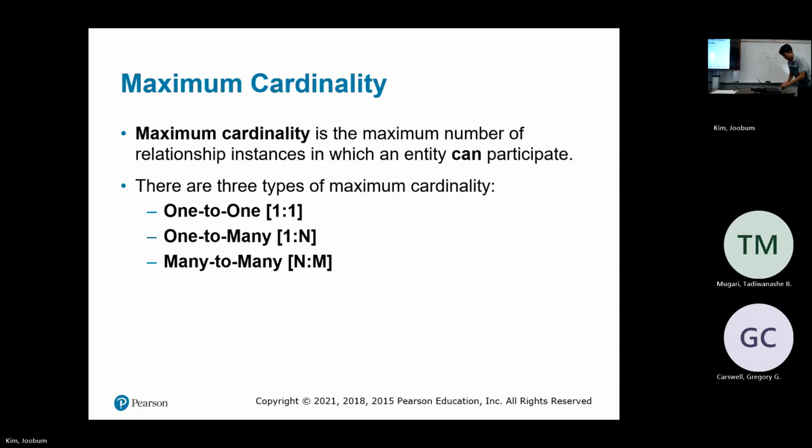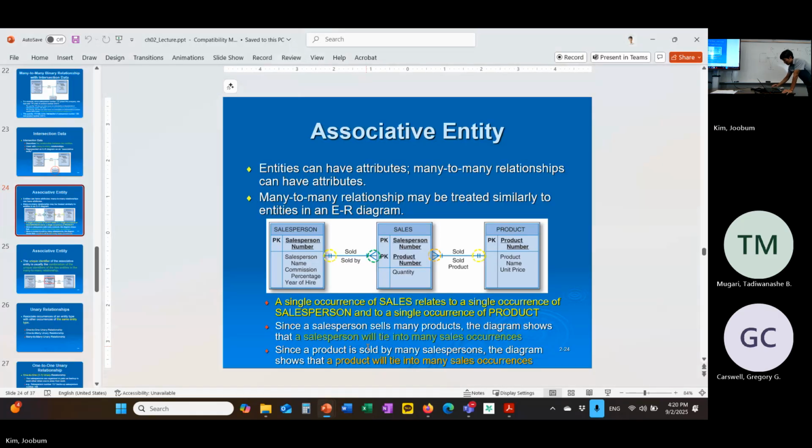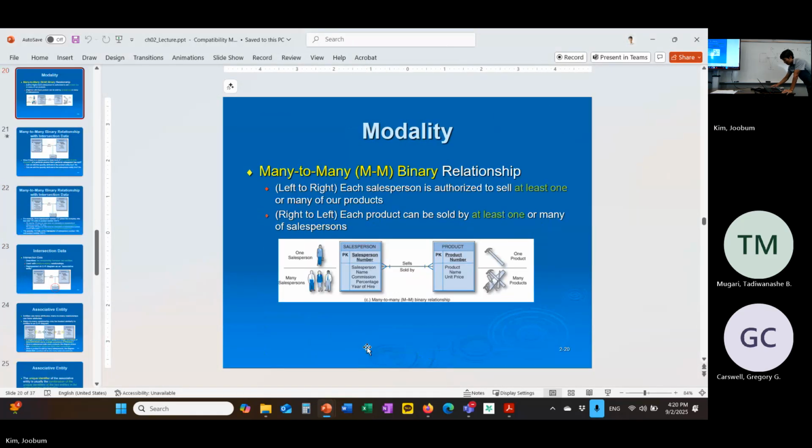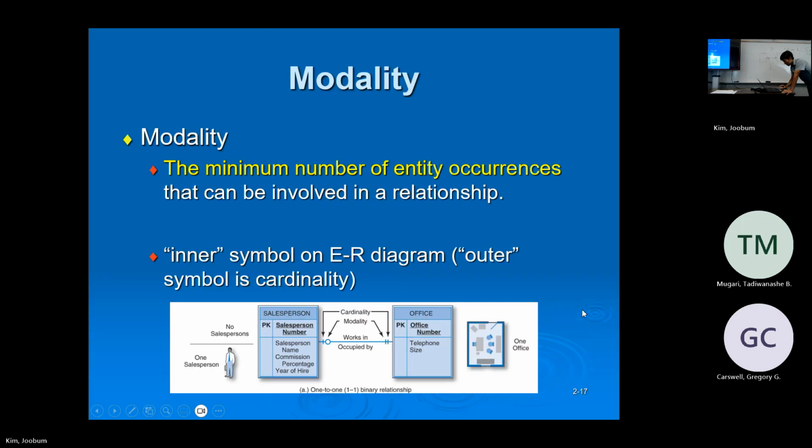Okay, so outer symbol, cardinality; inner symbol, modality. Modality means the minimum cardinality. So when you take a look at the symbol, the inner is the modality, minimum, and the outer means maximum. Okay.